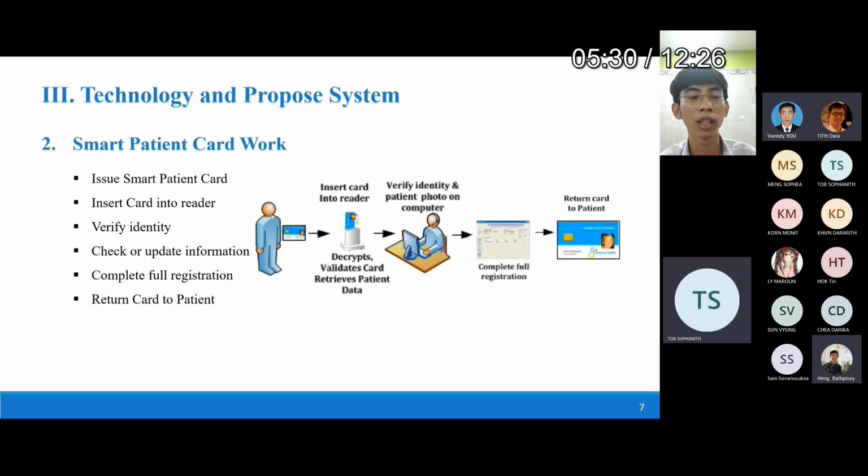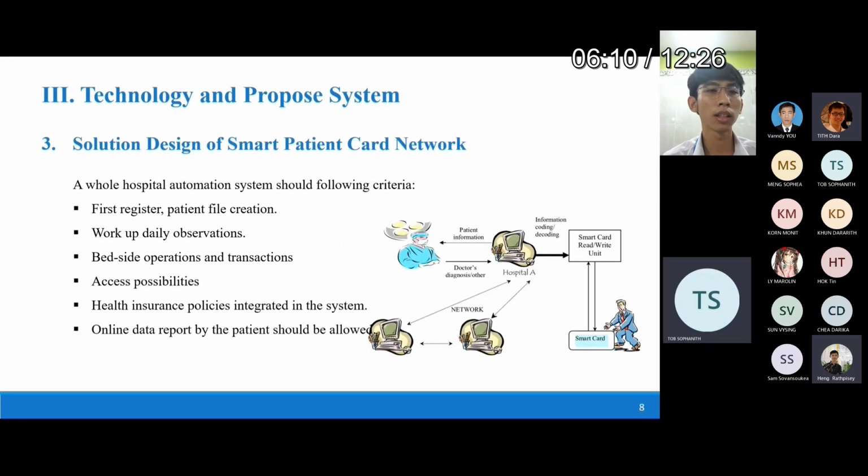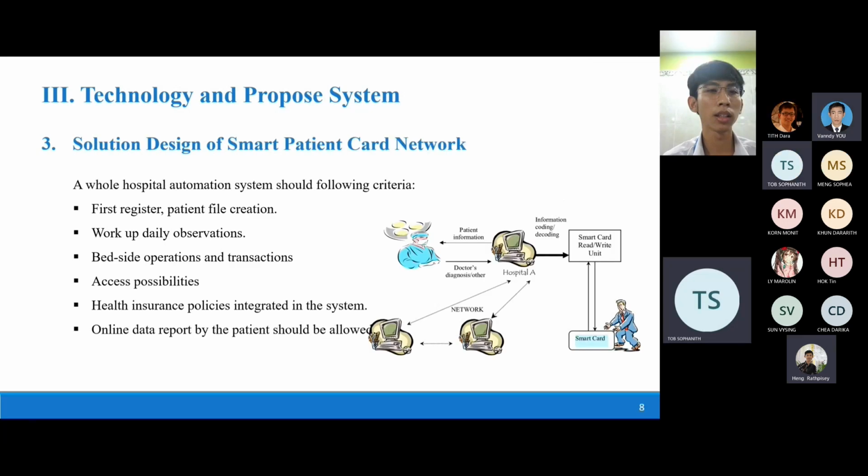Okay, Panat, can you answer? Well, for like this, actually the smart card that he talked about, maybe he misunderstand about some conditions that using the smart card.